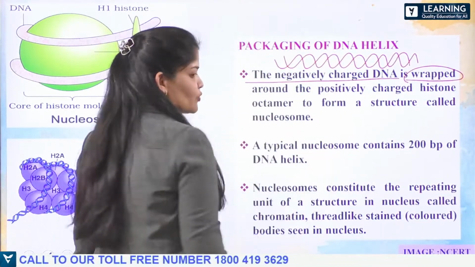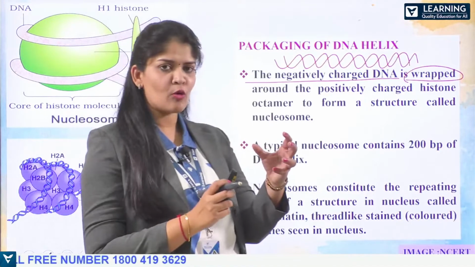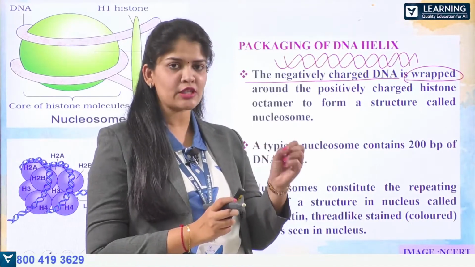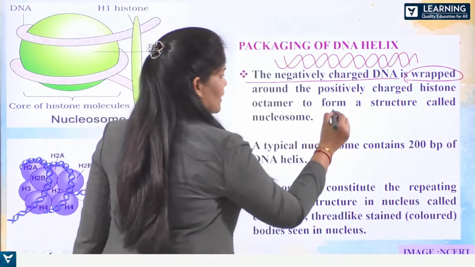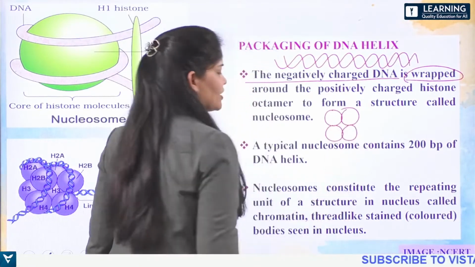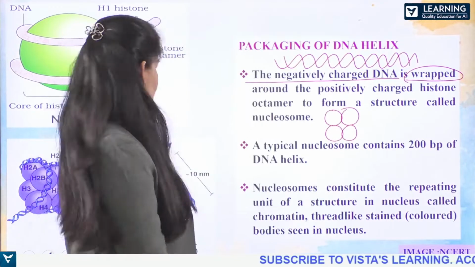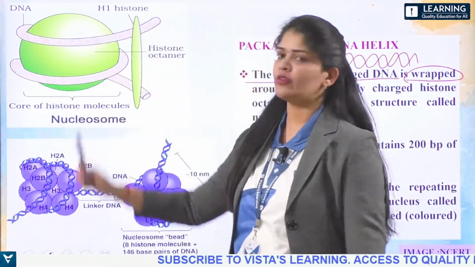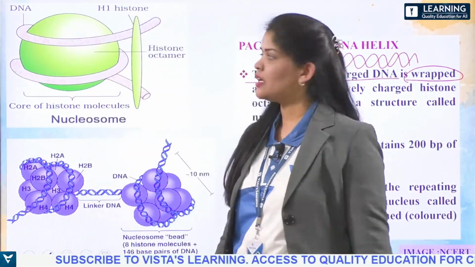For example, these histone molecules are useful to get associated with the DNA. I'll explain how it is becoming a nucleosome. This is the image that you have got in your NCERT textbook.